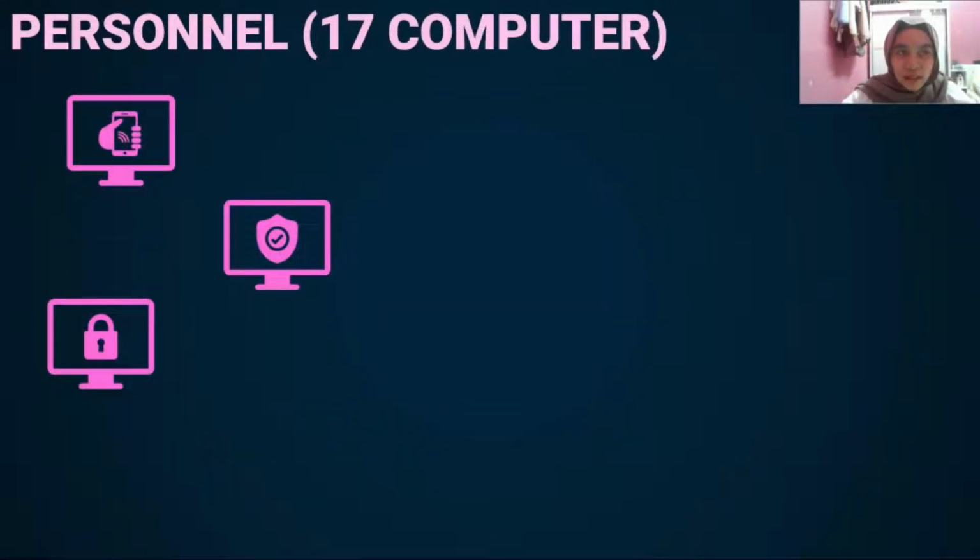Next is personnel, which has 17 computers, and by using the same formula, which is log 2, take the number of computers, which is 17 plus 2, and you will get log 2, 19.